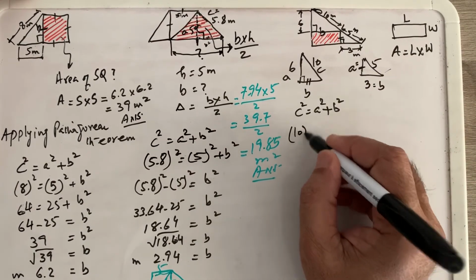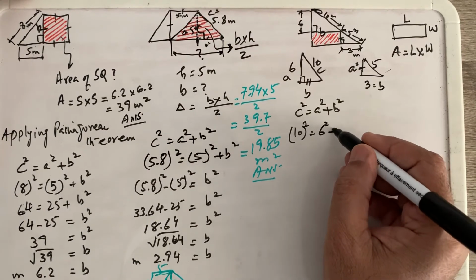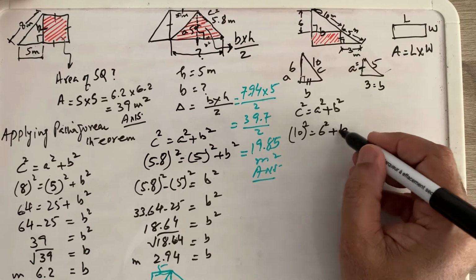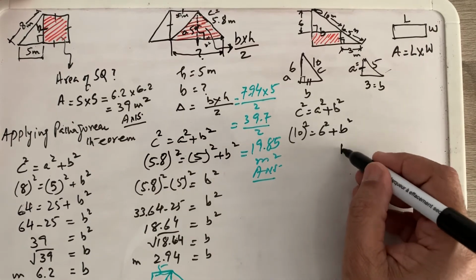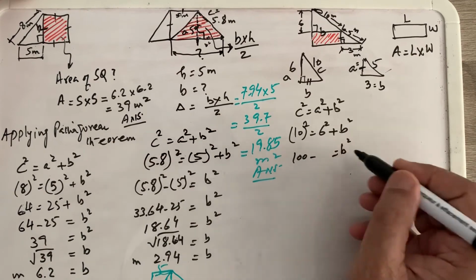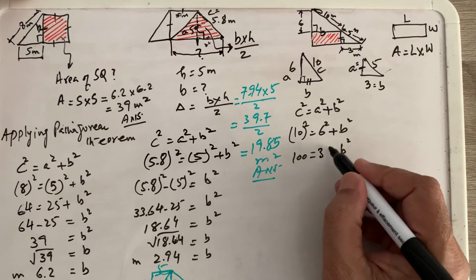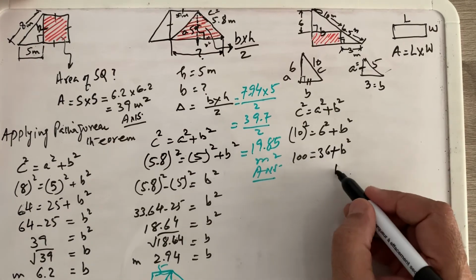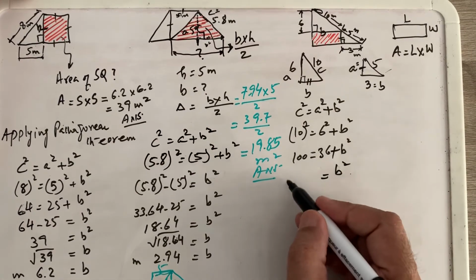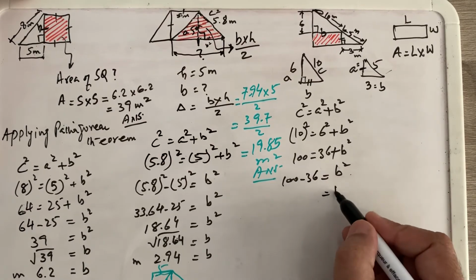Here I have 10 square is equal to 6 square plus b square. This b is unknown to me. So 10 times 10 is 100, equal to 36 plus b square. Now I have to shift this 36 to the other side of the equation. 100 minus 36 is equal to b square.